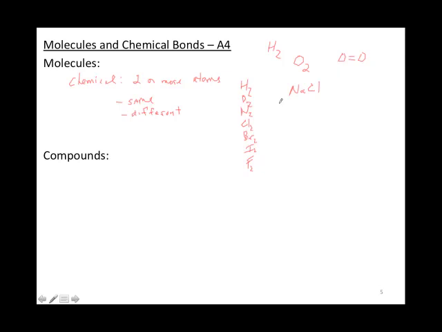So all of these would be molecules. One instance of hydrogen here would be a hydrogen molecule, two hydrogen atoms bonded together. Sodium chloride, on the other hand, is a molecule, but in this case it's two different atoms joined together.